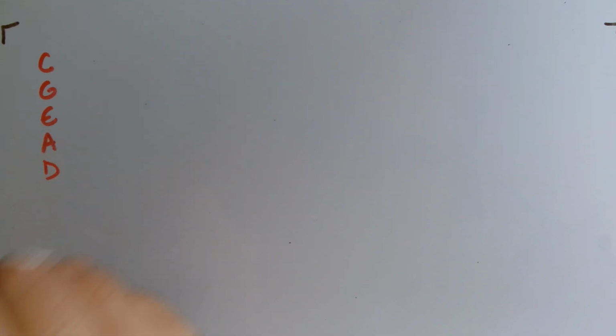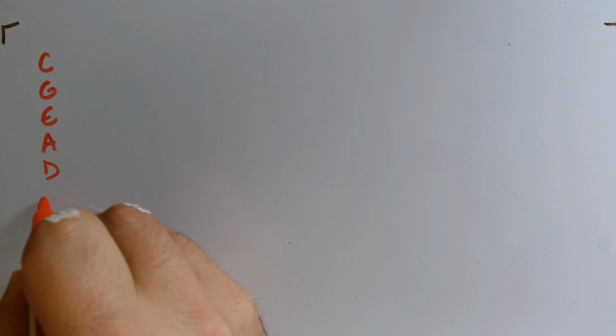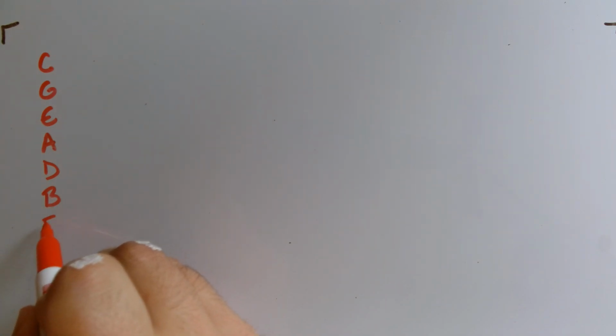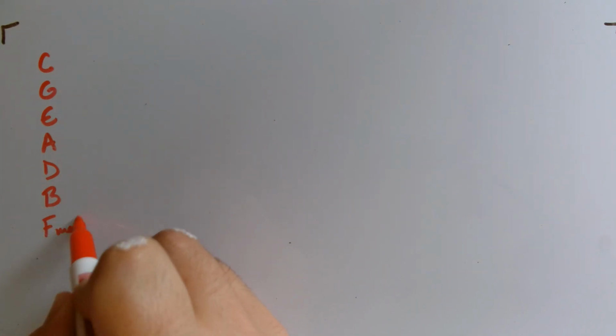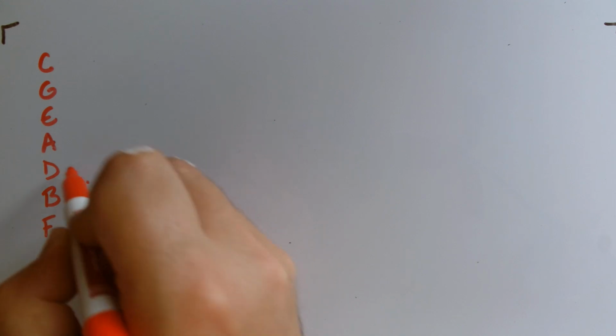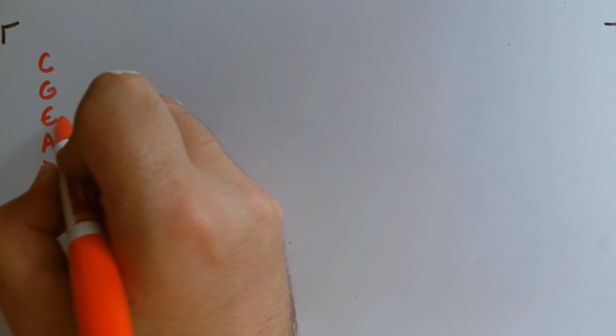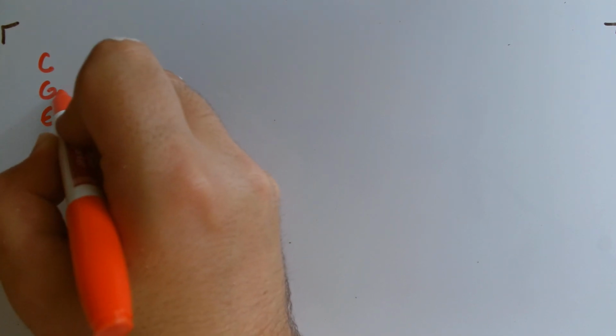Yeah, we'll go with a D major. Why not? And just for a bonus, we'll also say B major. Or you know what? Let's even go with F major. Why not? So I'll put M-A-J here, so that way we know where we're at.